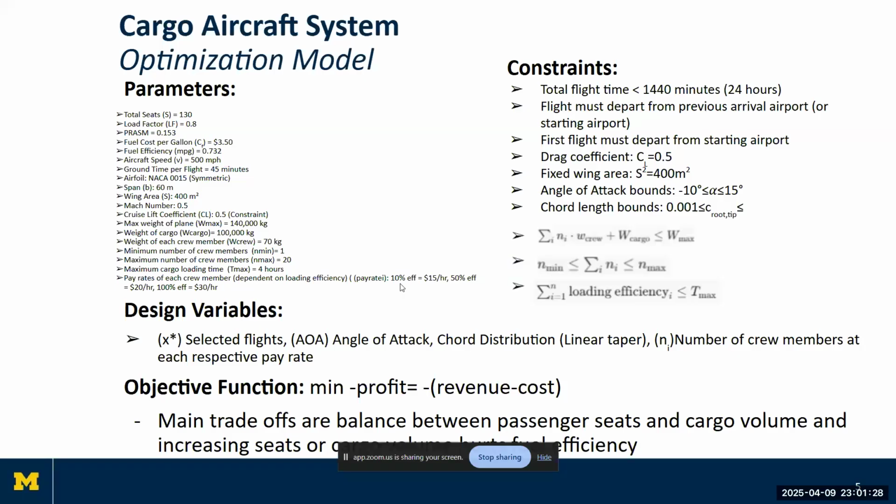Additionally, the number of crew members and their pay scales are defined based on loading efficiency, which becomes important in cost modeling later. On the right, you can see the main system level constraints, including lift to weight balance, drag limits, angle of attack, and the core bounds, as well as total aircraft weight and the loading time restrictions. Next.